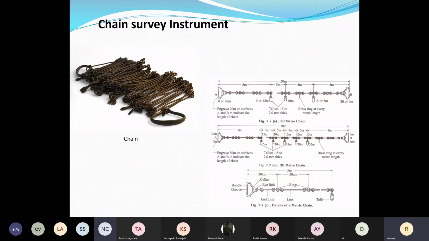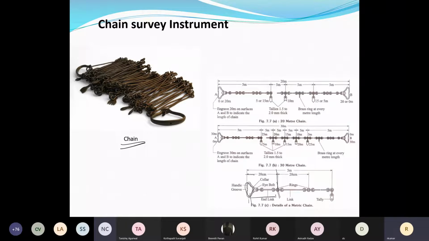If I talk about the chain survey instrument, this is the chain. This chain has some links. If you see this side of the picture, it has some brass handles, and from this to this is 20 centimeters, which is the length of one link.